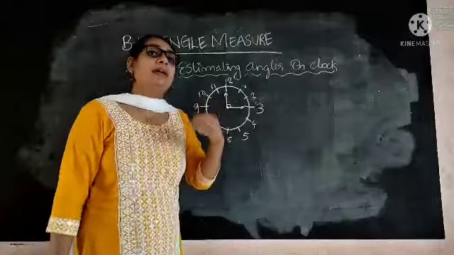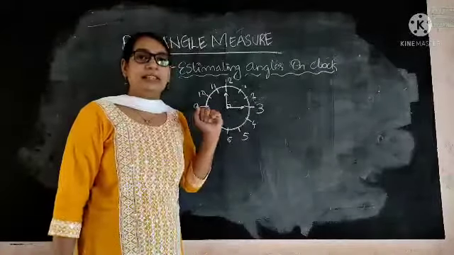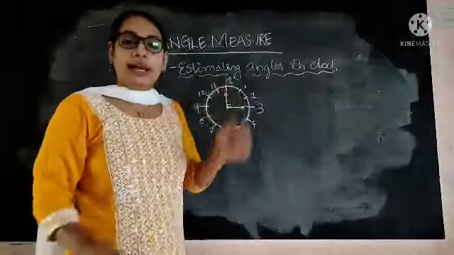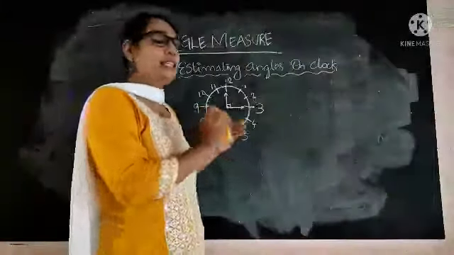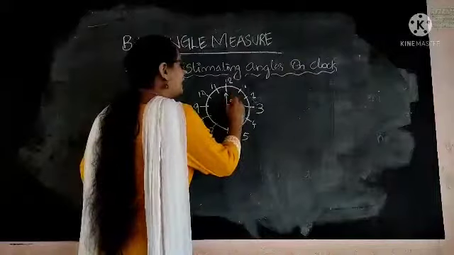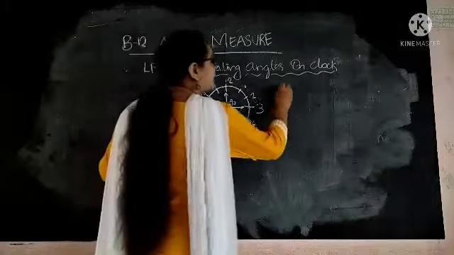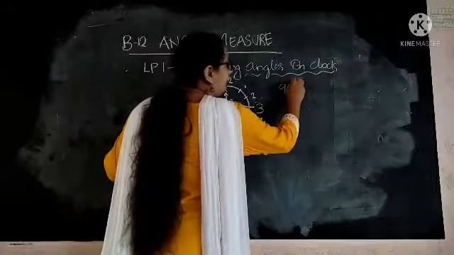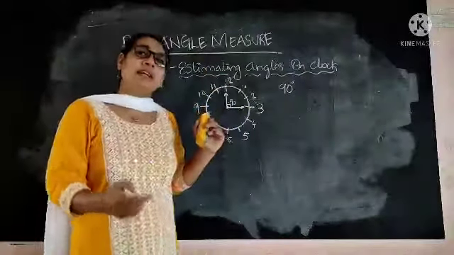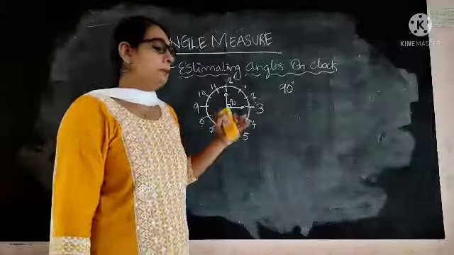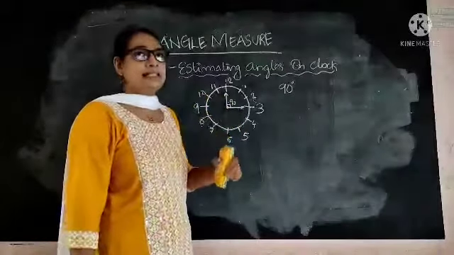When a perpendicular line intersects the baseline, it is called a right angle. I hope there are no doubts. So the angle created here is 90 degrees. A right angle is 90 degrees, right? Any doubt? If you have any doubt, just message me. So this is 90 degrees.